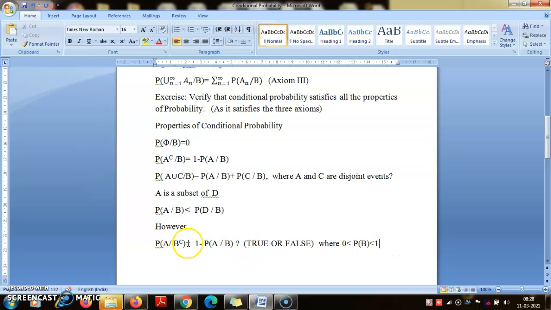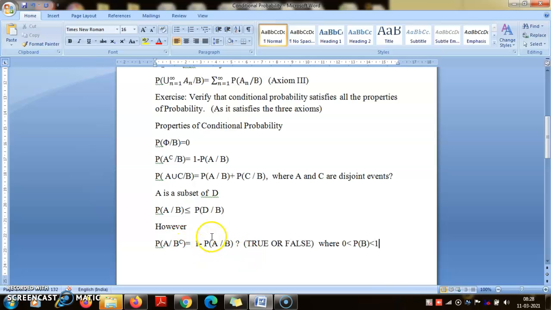Because probability of B complement will be 1 minus probability of B. So if probability of B is 1, then I cannot condition on B complement. So both probability of B and B complement have to be positive. In other words, probability of B has to be a proper fraction. So in that case, both probability of A given B complement and probability of A given B are defined.